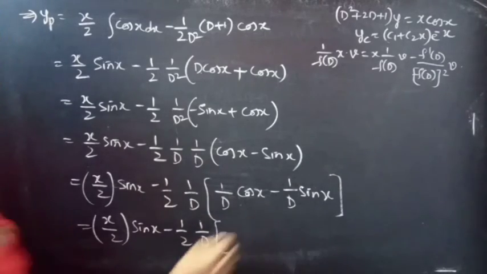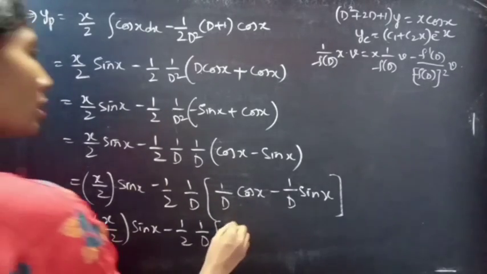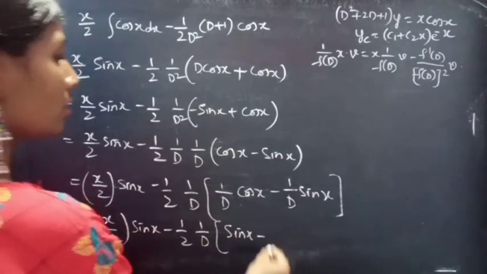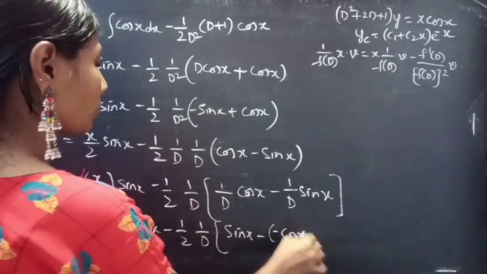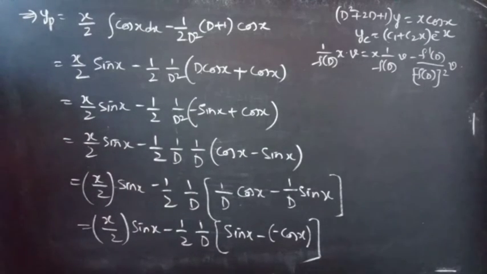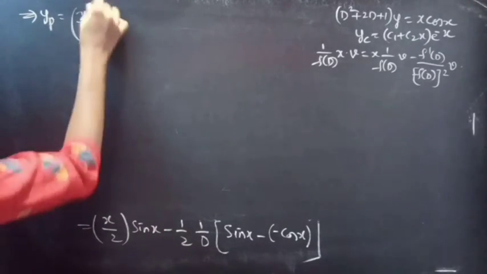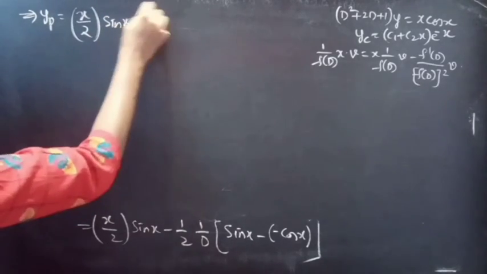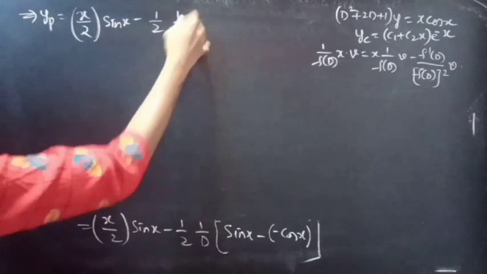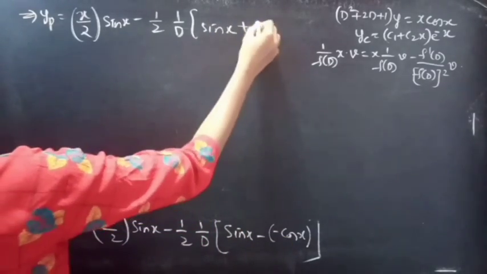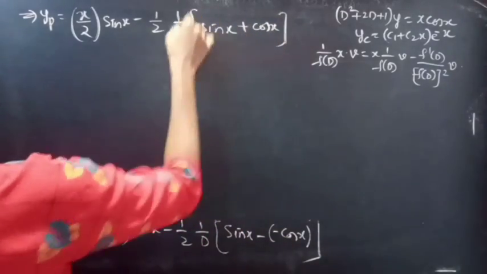We'll get 1 by d into integral cos x is sin x, minus integral sin x is minus cos x. This becomes x by 2 sin x minus 1 by 2 into 1 by d into sin x minus into minus plus cos x.